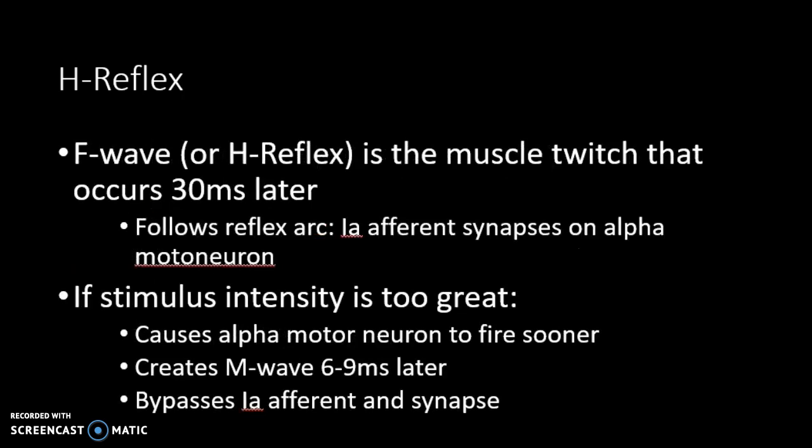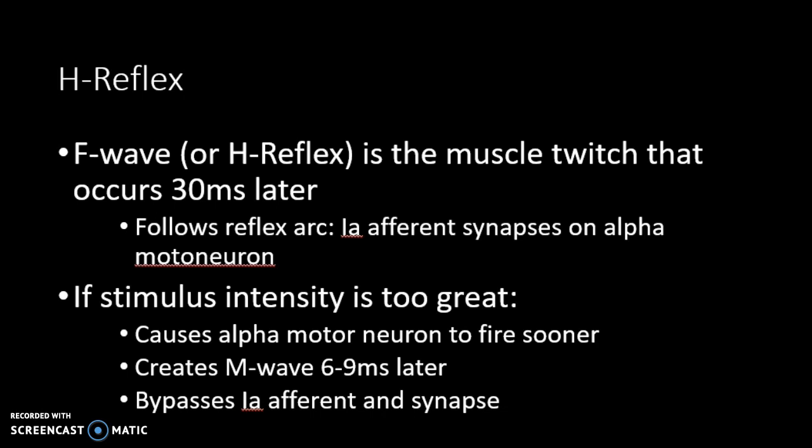And what we'll end up seeing is the H reflex, or an F wave, which is the muscle twitch that will occur. So we'll send a signal, there will be a latent period, so it follows a reflex arc: the IA afferent synapses on the alpha motor neuron, and then we see a little contraction.